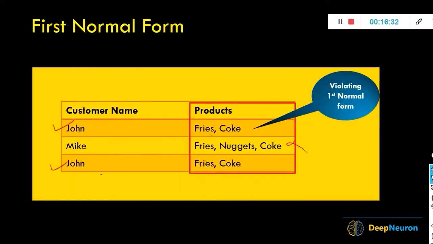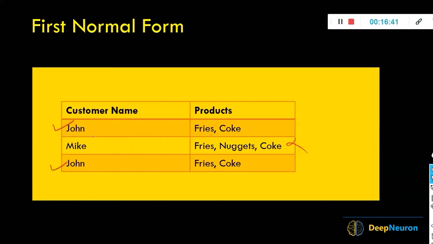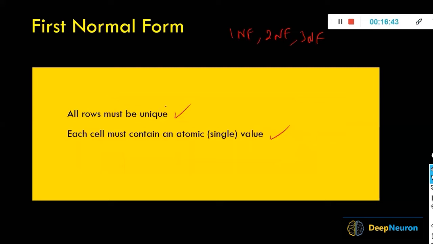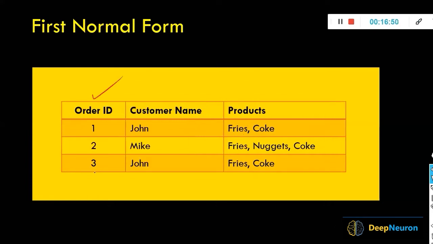To address this issue, I'm going to introduce a new column called order ID. The first rule is all rows must be unique, but John's name is appearing more than one time, in more than one record. Now, when I introduce a column called order ID, maybe he is the same guy, but he raised two different orders.